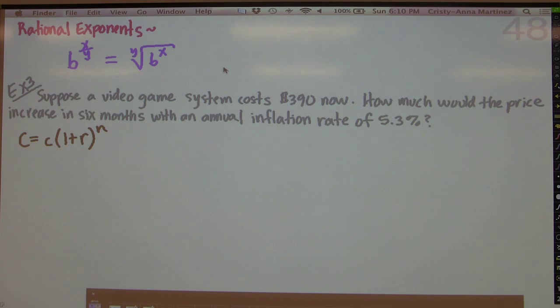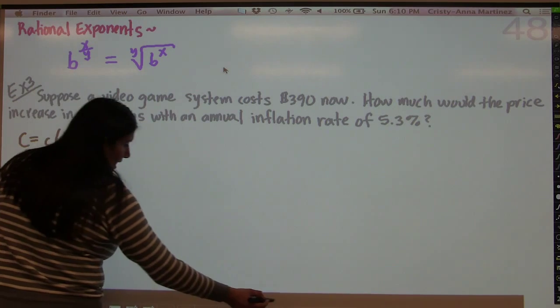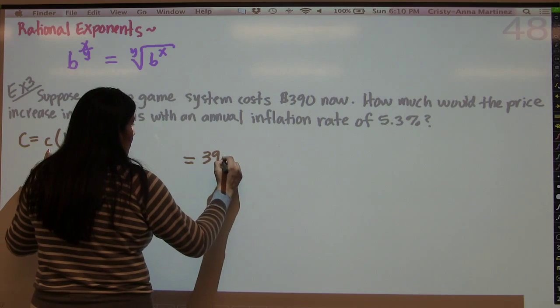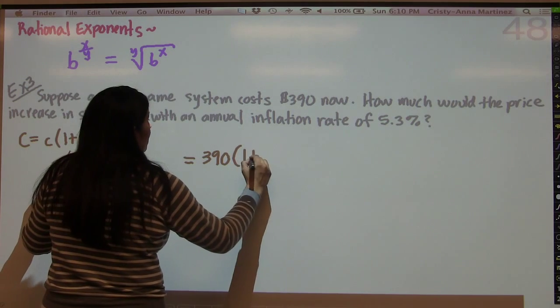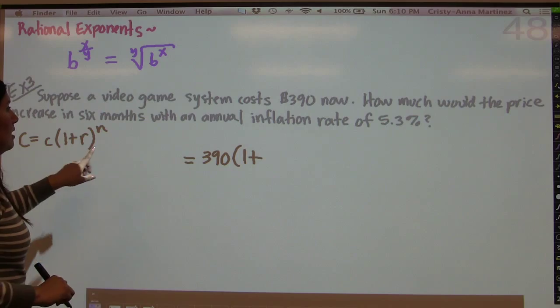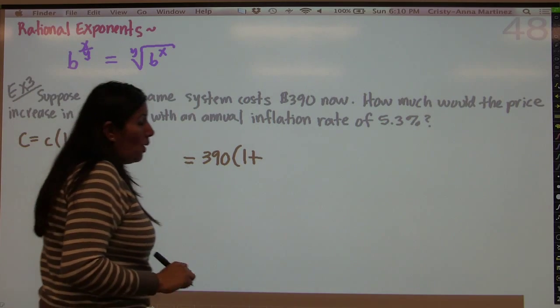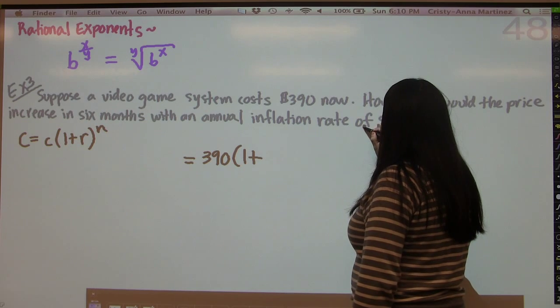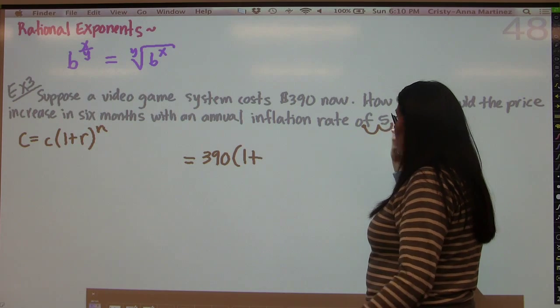Suppose a video game system costs $390 now. So that's going to be the current cost here, and we're going to plug that in: $390 now times (1 plus the interest rate). The rate is 5.3%, but you always want to write that as a decimal, so we move the decimal over 2 places, or divide by 100, either way.